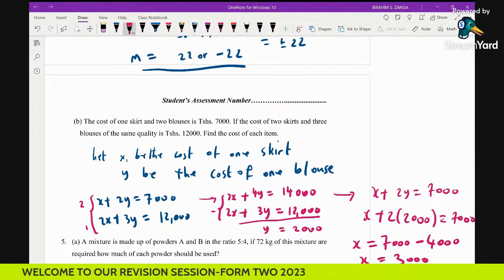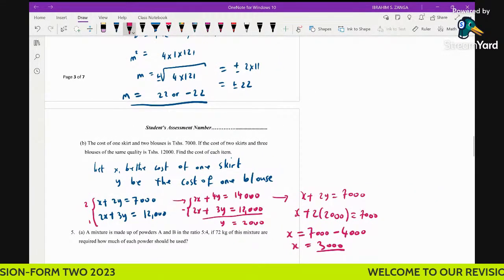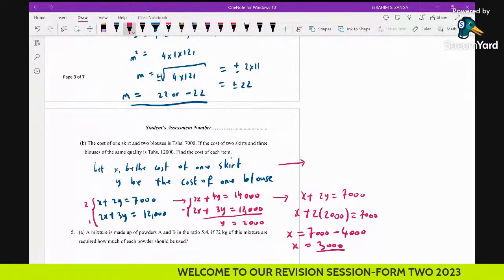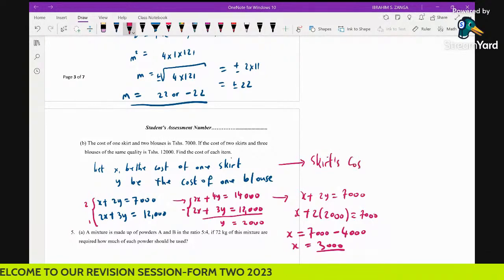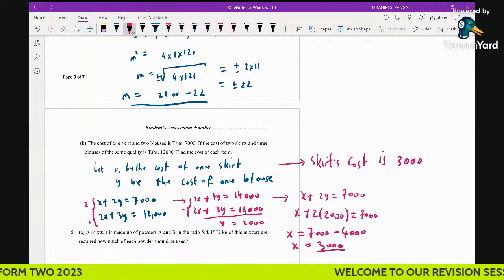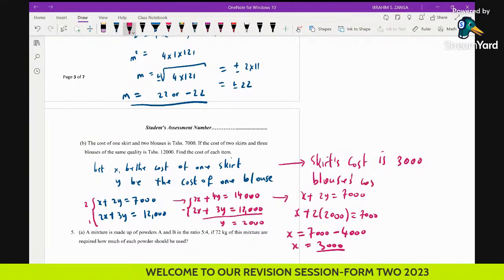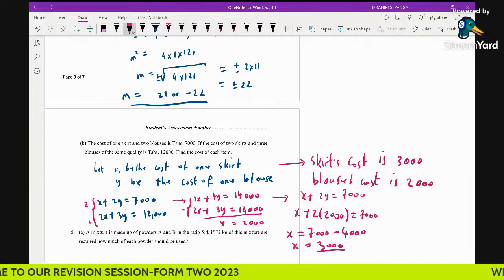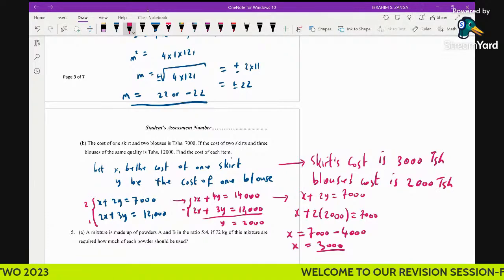From this information, we know that the cost of the skirt is x. So the skirt's cost is 3,000, and the blouse's cost is 2,000 shillings. All these are Tanzanian shillings, dear students.